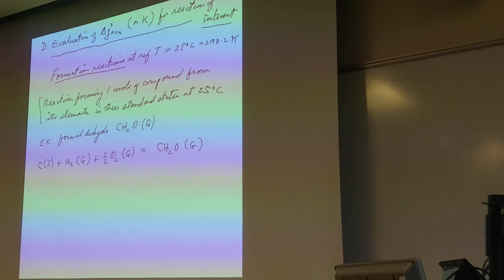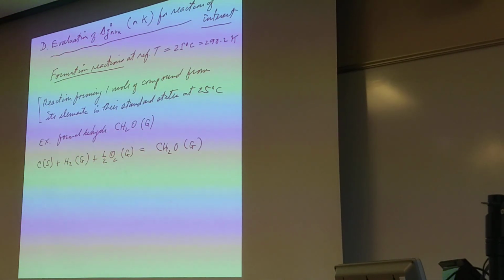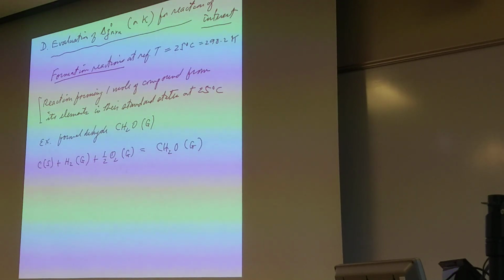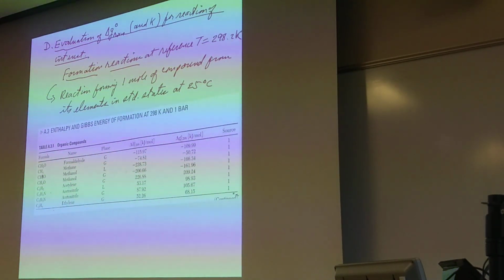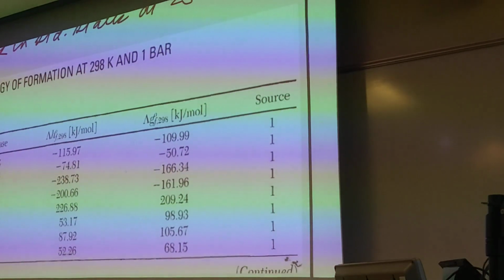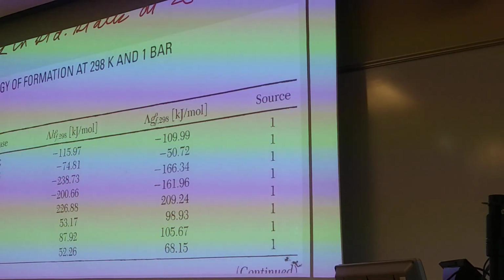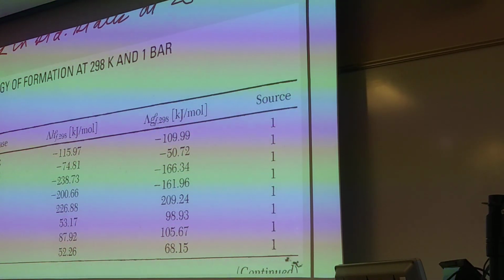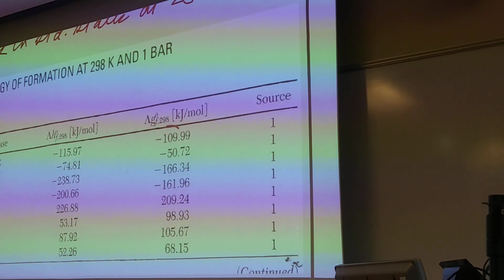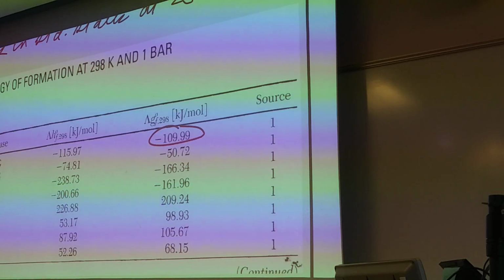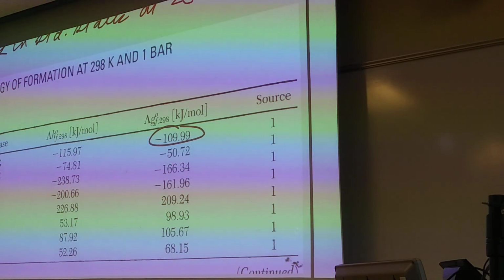And we should hope to be able to find tabulated the value for this at 25 degrees C. So somewhere in here I've got that. And it's the first one in my list. Formaldehyde, and you'll notice that here, if I can blow it up a bit, I've got the standard free energy of formation here at the reference temperature, given in values here, kilojoules per mole. So there it is, minus 109.99.